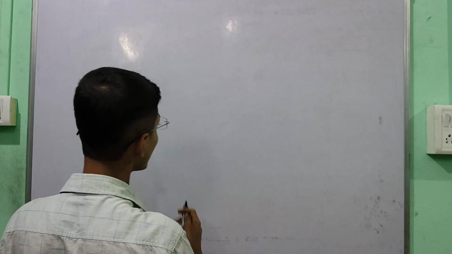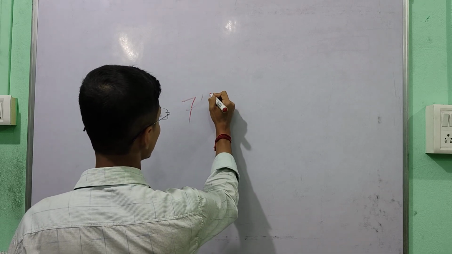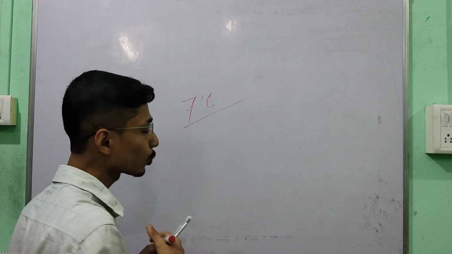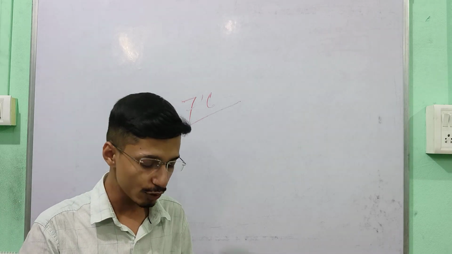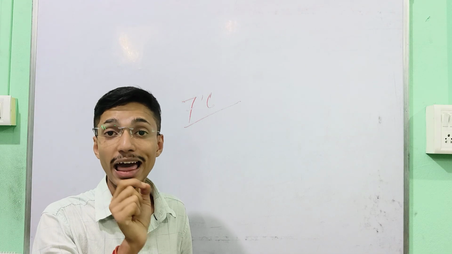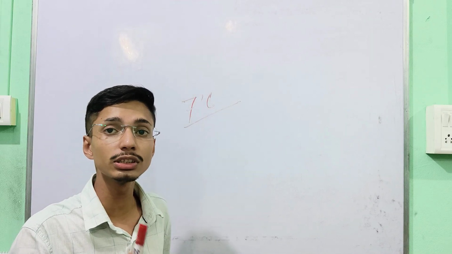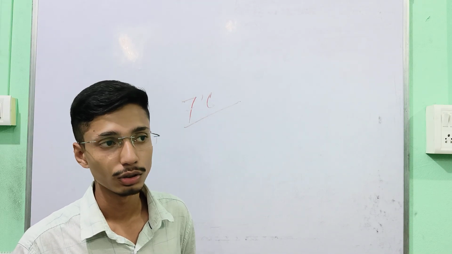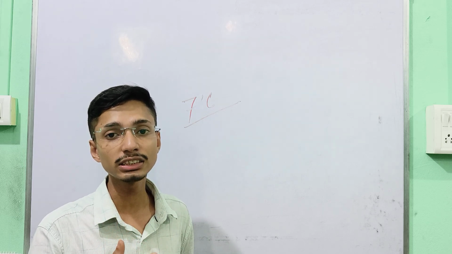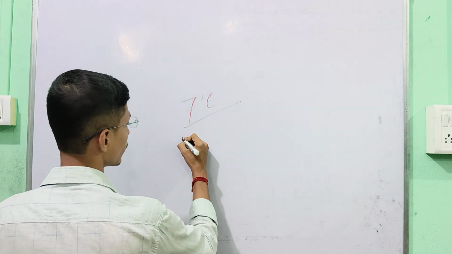So what are the 7 C's of effective communication? As we know, communication starts with the alphabet C. So here are 7 C's used in our communication process, and those 7 C's make our communication successful. So what are those C's?